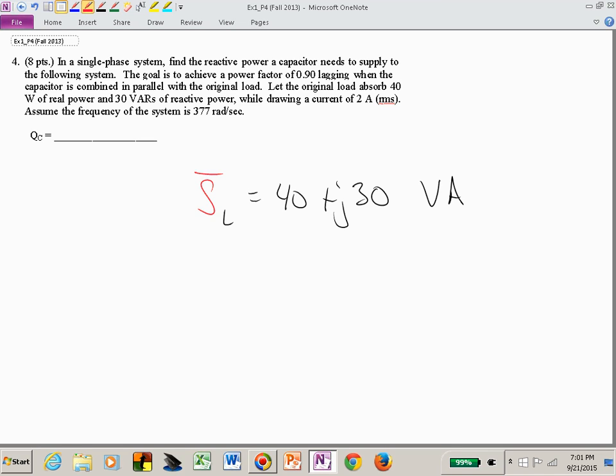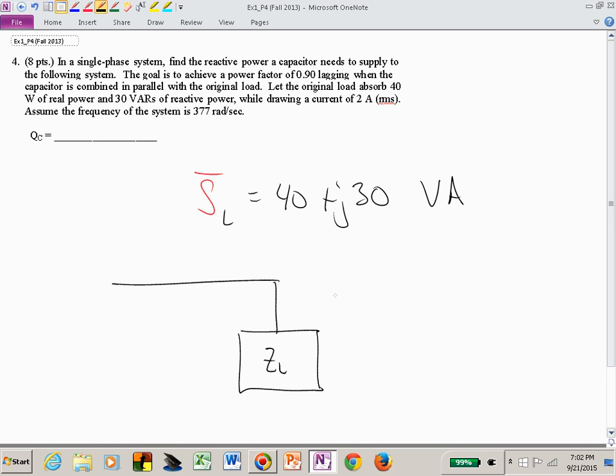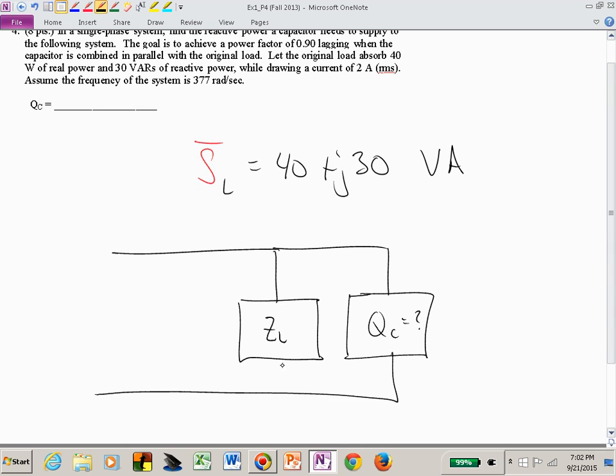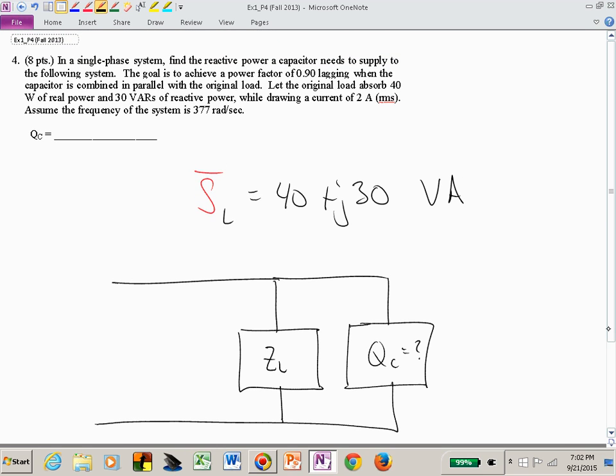And we know that, well, we're given all sorts of information, and some of this information may not even be needed. But what we have, picture-wise, is we have Z load, and we are trying to now find what Q sub C needs to be to give us the answer that we're looking for.